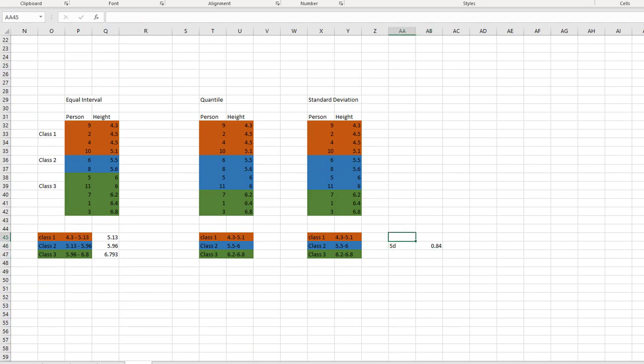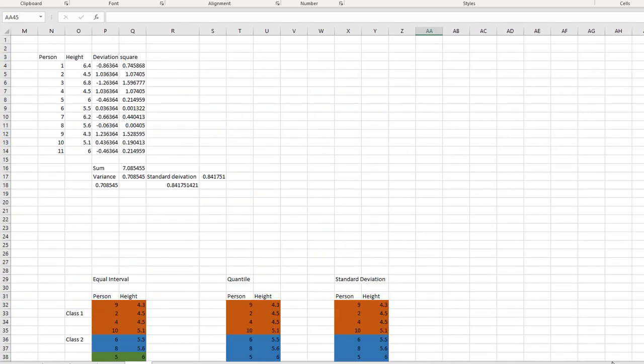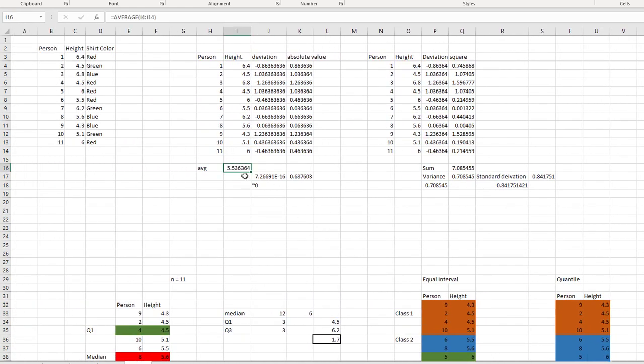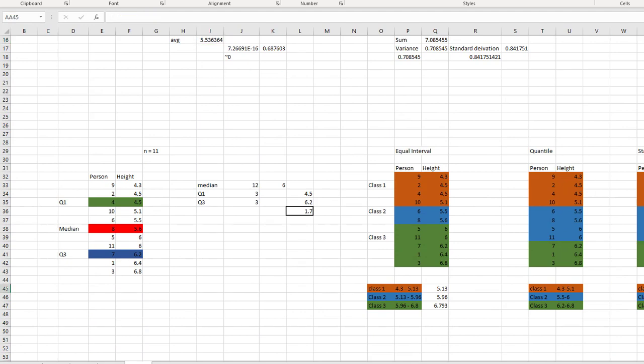And then we need to pull the mean also. So we're going to pull back over a couple of videos to where we grabbed the average of the data set, which was 5.53. So we will come back over here and we have the mean at 5.53. Okay.